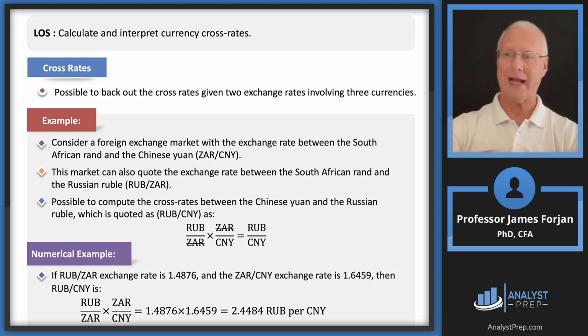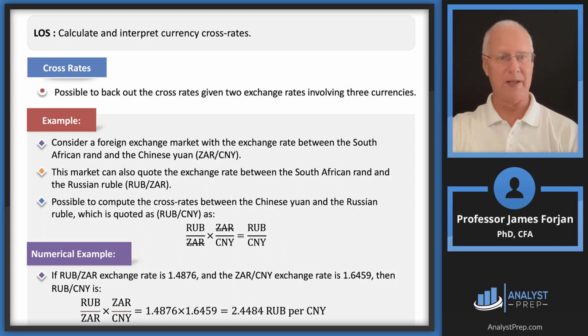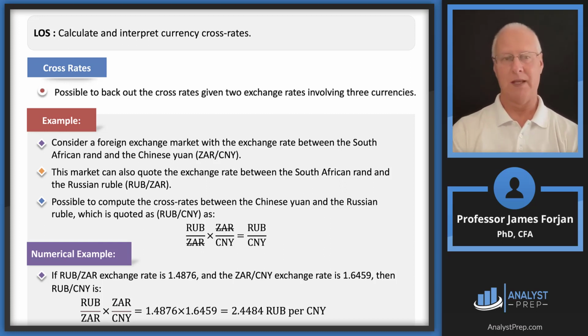Well, how do we back into that other one that's not common in that relationship? This is called a cross rate. And this is super easy math here, and all we're going to do is multiply so that we can get some final answer.